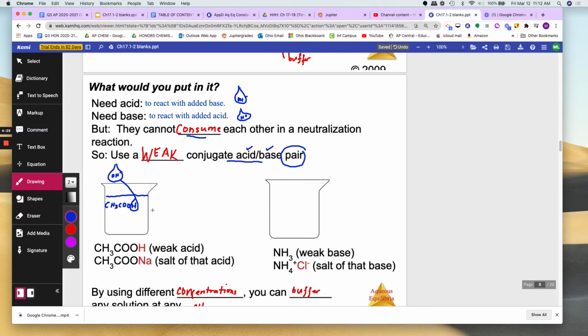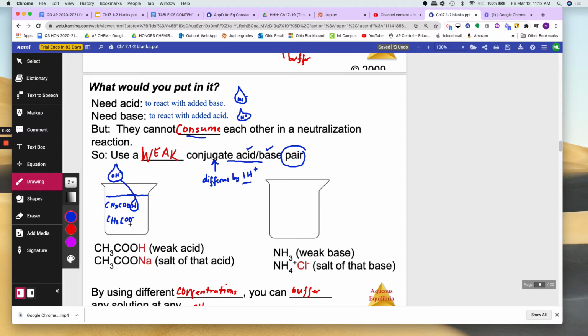You take some acetic acid and drop it in your buffer. Next, you're going to add its conjugate base. The definition of a conjugate base is that they have to differ by only one H+. If they differ by two H+, it's not going to work. So the conjugate base of this is CH3COO-.